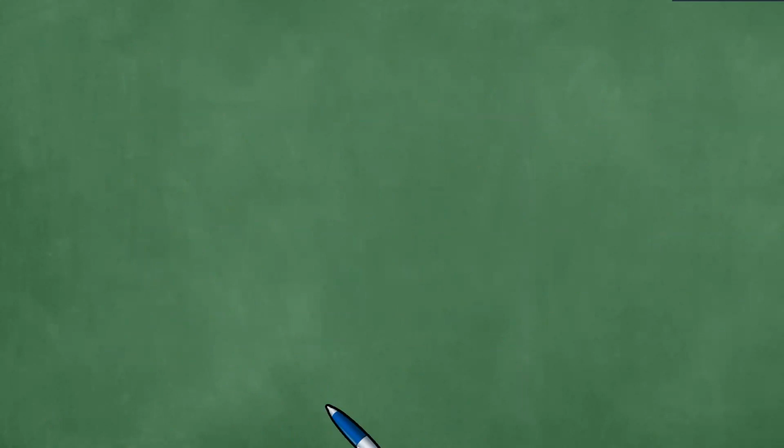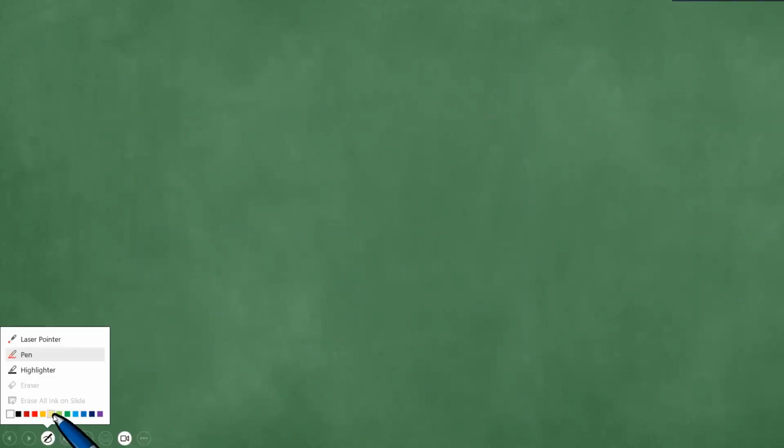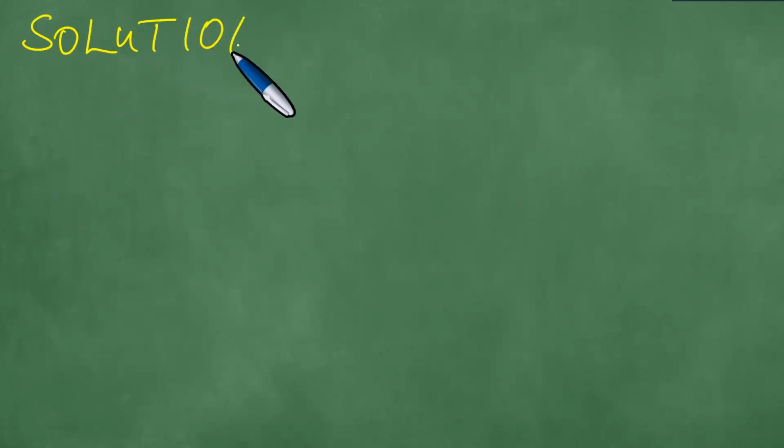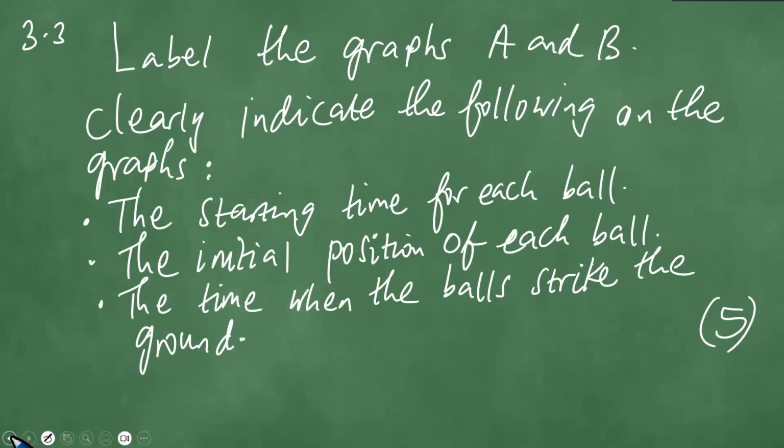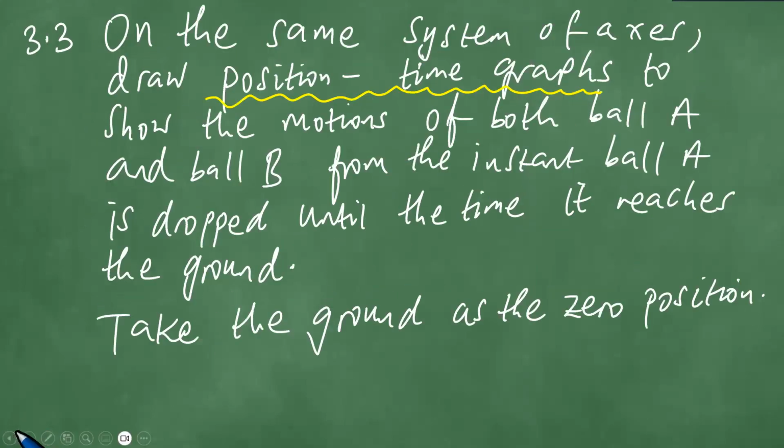Solution. On the same system of axes, draw position-time graphs to show the motions of ball A and ball B from the instant ball A is dropped until the time it reaches the ground.